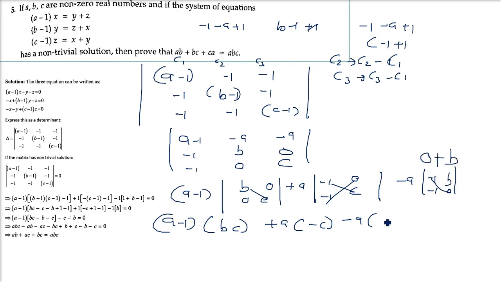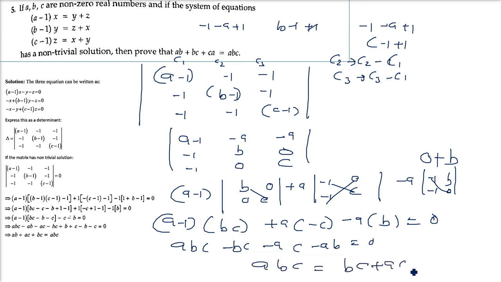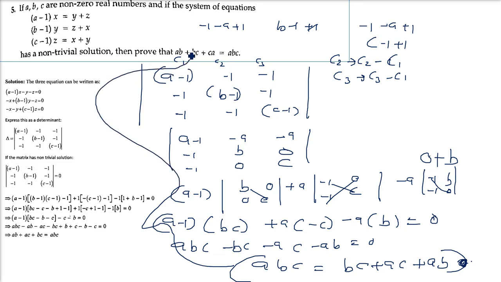That is equal to 0. So multiply this: abc minus bc minus ac minus ab equals 0. abc on one side, others on the right hand side. So bc plus ac plus ab, these are equal to abc. So this is what we needed to find, and we got it.